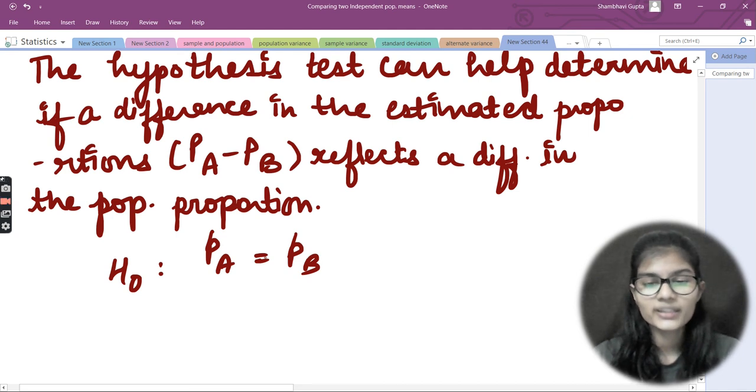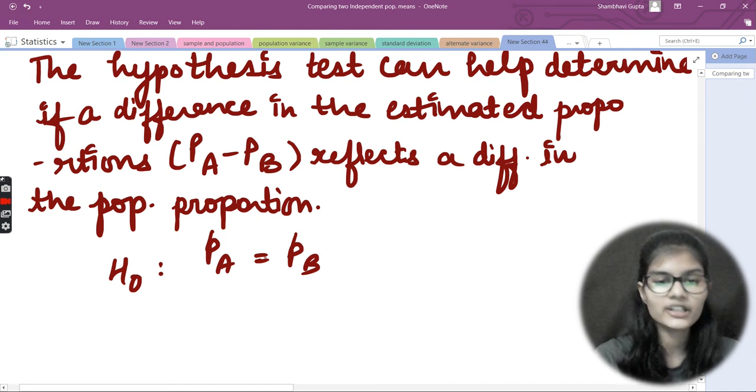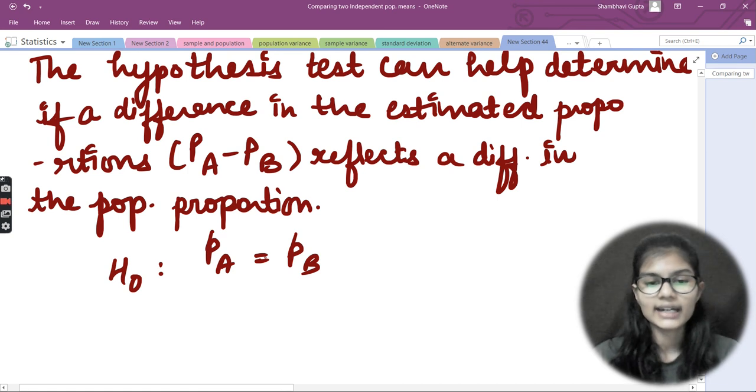To conduct this test, we use a proportion, that is PC. We call it the pooled proportion.